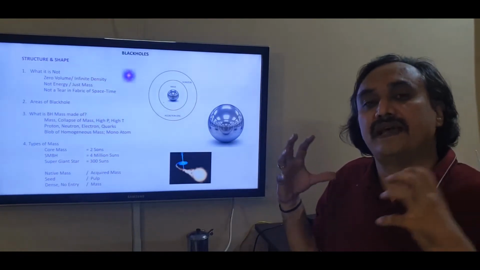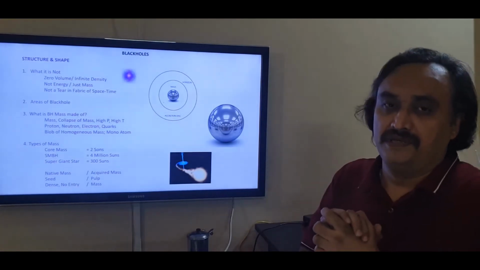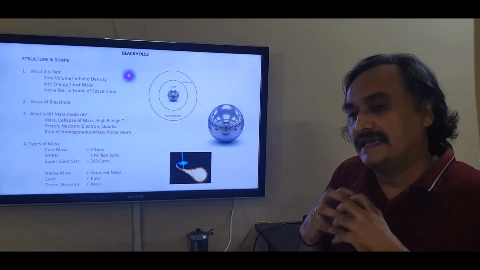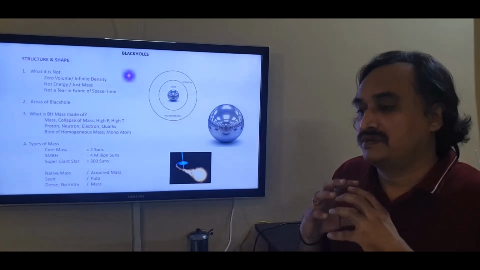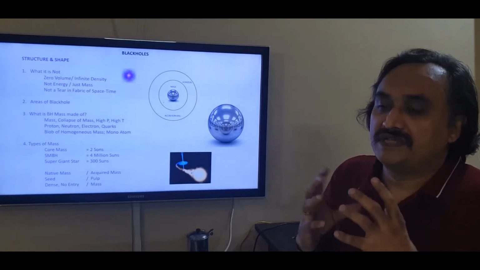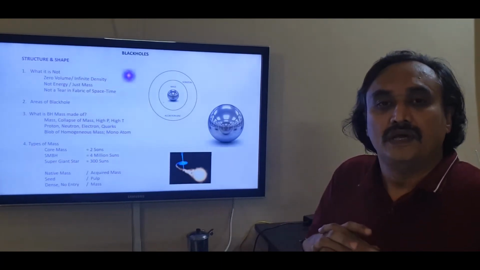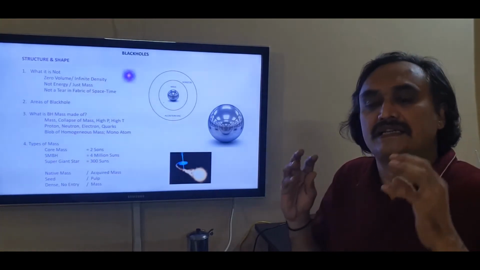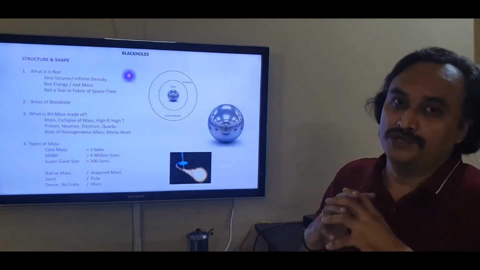The enormous energy of the collapse of the star's mass would pack it up into a blob of homogeneous mass. Usually when we say mass, it is an element, it has protons, neutrons, electrons. There would not be any element like this. It is just pure mass, formed into a blob of homogeneous mass.